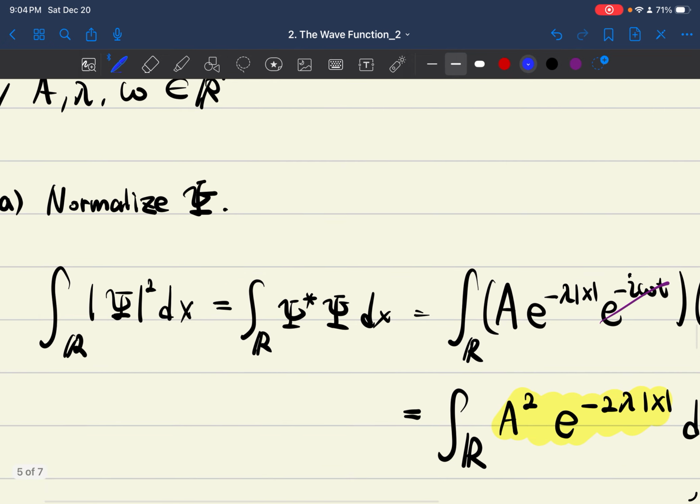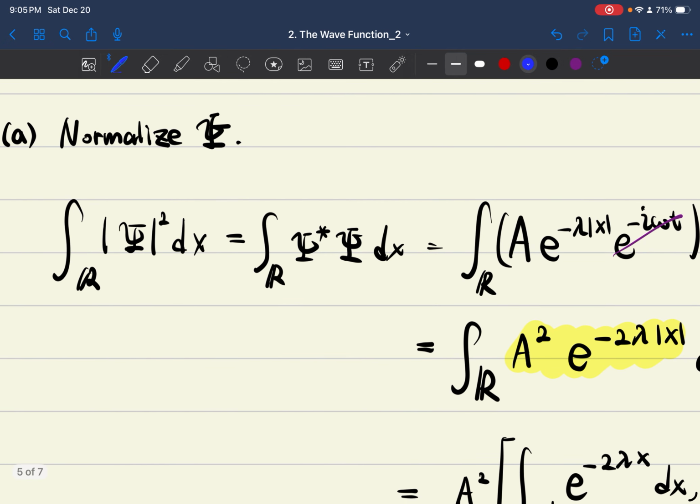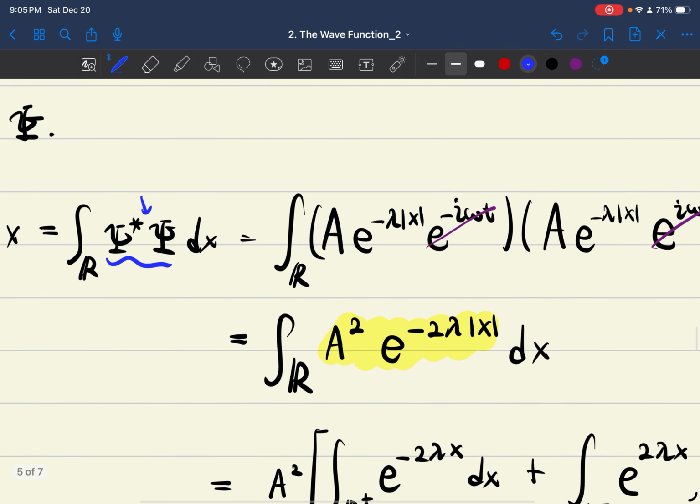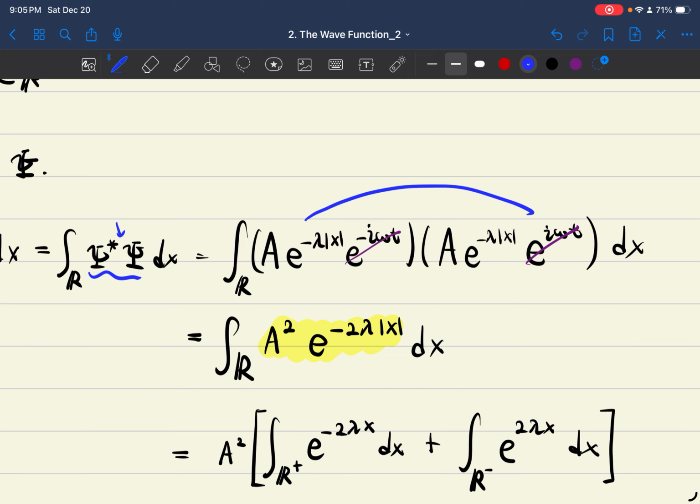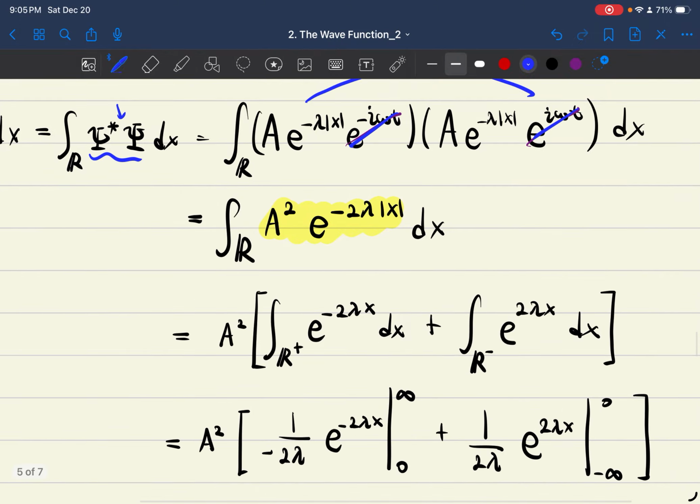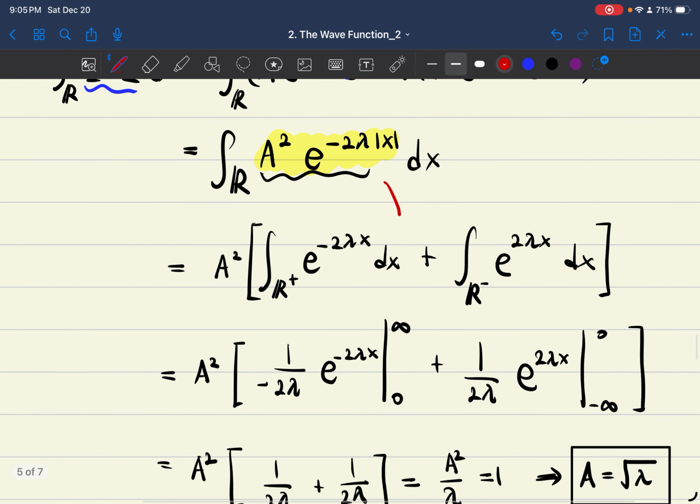So here, when we normalize psi like this, integral over the whole space, norm squared means exactly we have to do this product, psi conjugate times psi. The result here: two exponential terms cancel out, and we got this, and we do this integral by parts, not the trig integration by parts, just part by part.